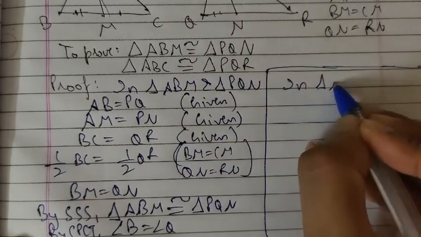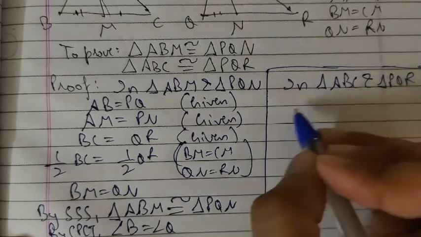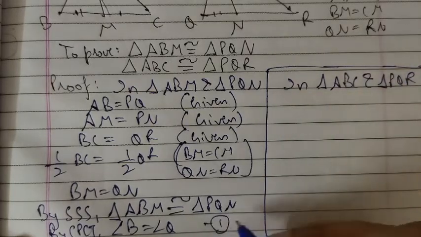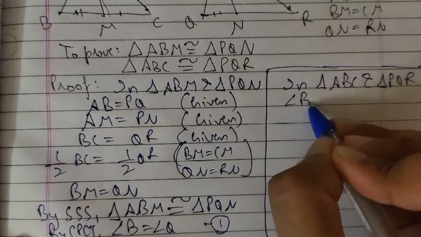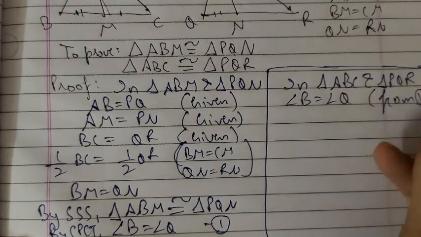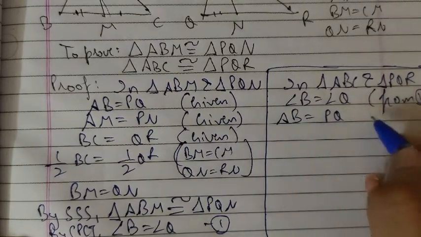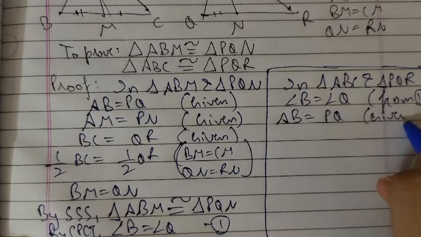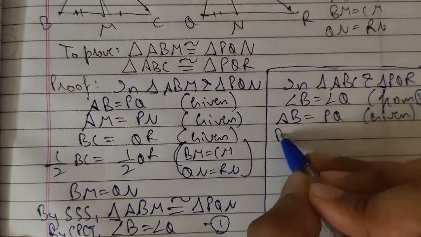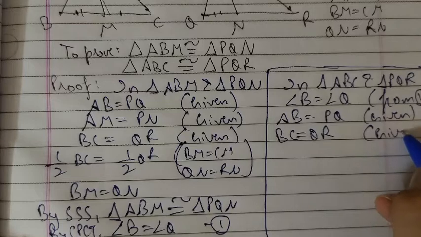So in triangle ABC and triangle PQR, right, we know, let it be equation 1, we know that angle B is equal to angle Q from 1, AB is equal to PQ given, and BC is equal to QR, this is also given.